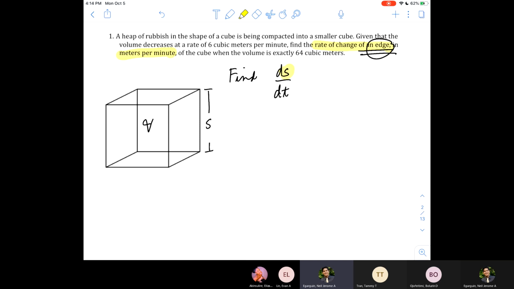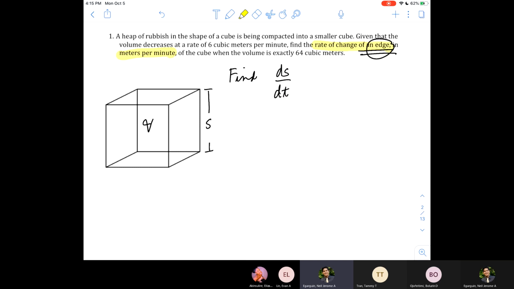In this case, the changing variable is s, which is the length of an edge. And the denominator is the variable with respect to which the change is being measured. So here we are measuring the change with respect to time, and we use t as the usual time variable. So I know that ds over dt represents the rate at which the side length changes with respect to time. Okay.